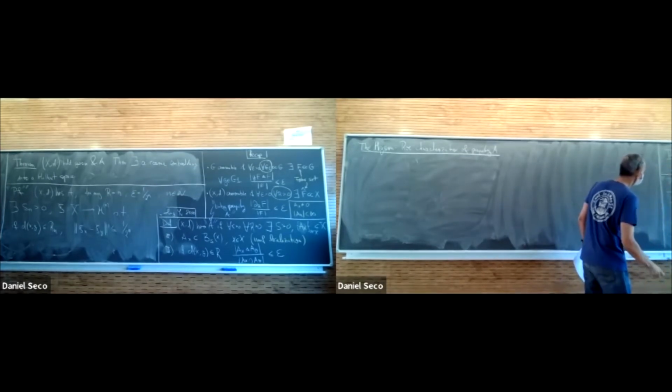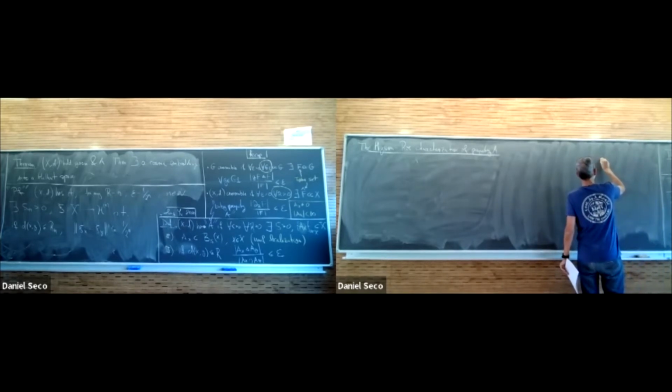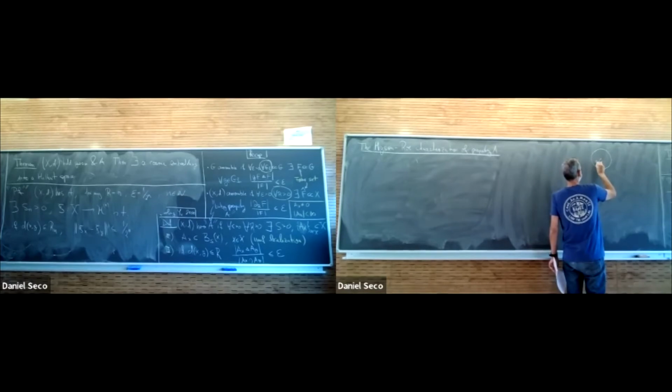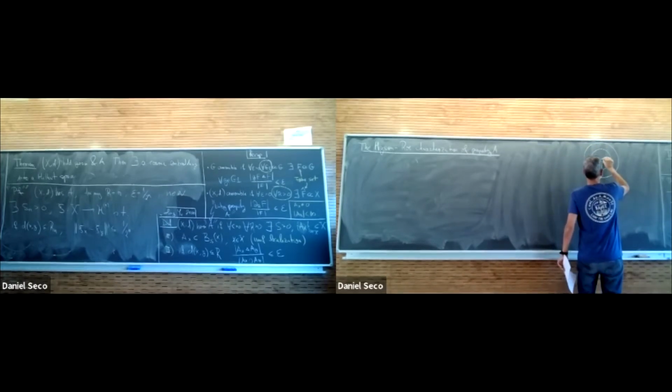Okay, so what is the picture here? You have an X, and you have a sphere of radius 1. Then you have a sphere of radius 2.